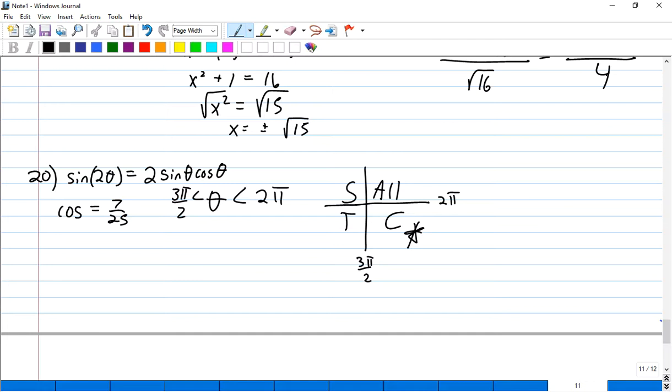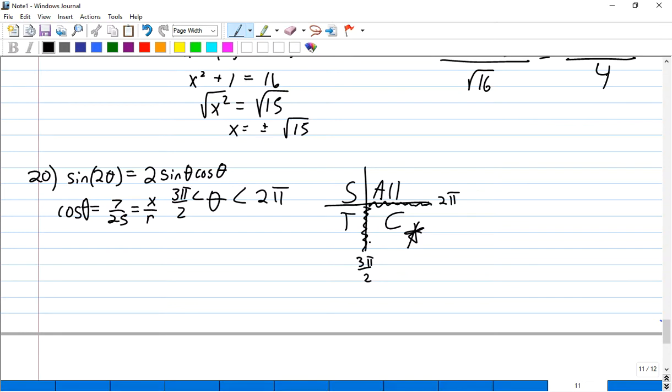All right. So, I have what cosine of theta is equal to. Sorry, I didn't write my theta there. Well, what about sine of theta? I have to figure that out. So, cosine, again, is x over r. I'm in the fourth quadrant, so all y's are negative and all x's are positive.